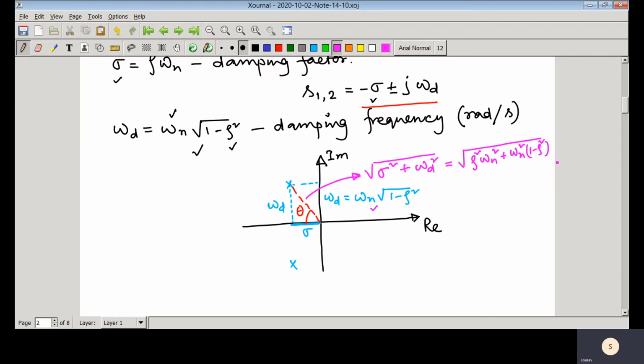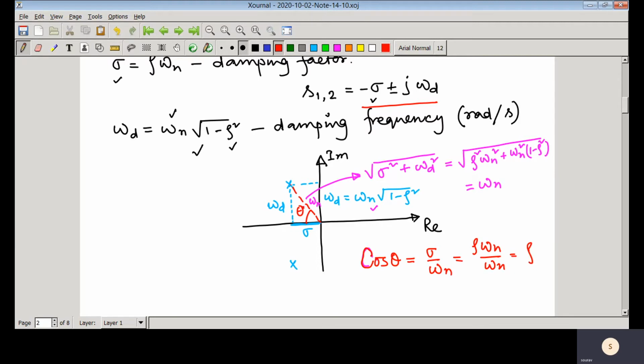So the zeta square omega n square terms will cancel out, and the result is equal to omega n. So this hypotenuse, this length, is omega n. Now if we take cos theta, that is the base by omega n, where the base is sigma equal to zeta omega n, divided by omega n, that is equal to zeta.